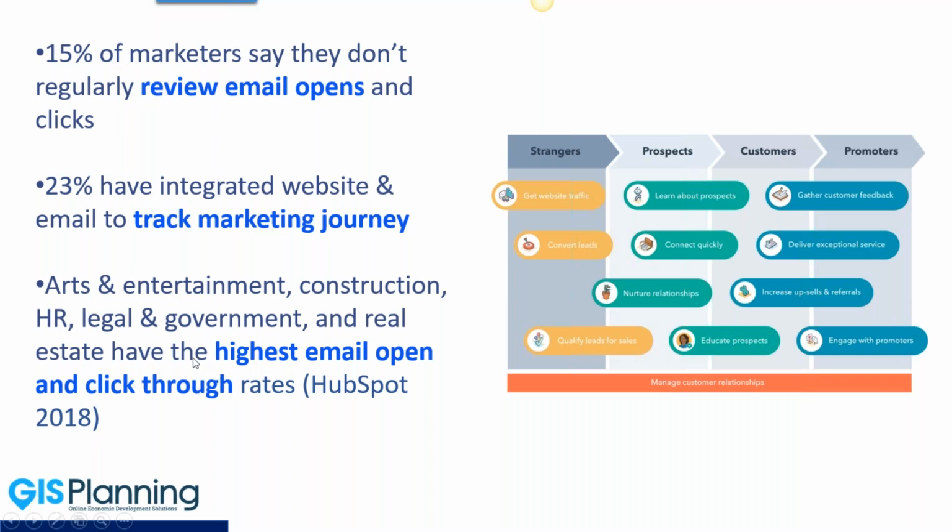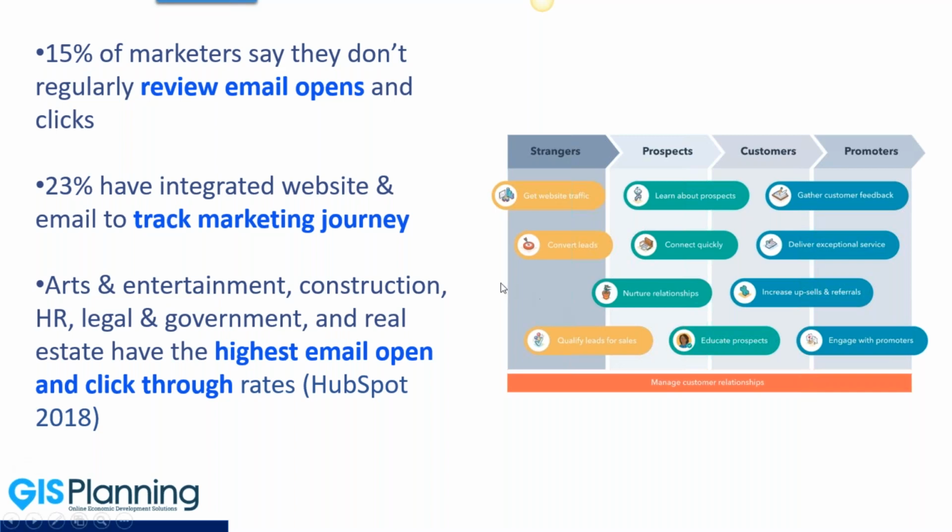Now everybody sends them on Tuesdays, so open rates have gone way down. Wednesday and Thursday mornings may be a better day. If you use an inbound marketing platform like HubSpot, or there's a couple of others, you'd know that because it's going to analyze the opens on your list and tell you the best time to send for that specific list.